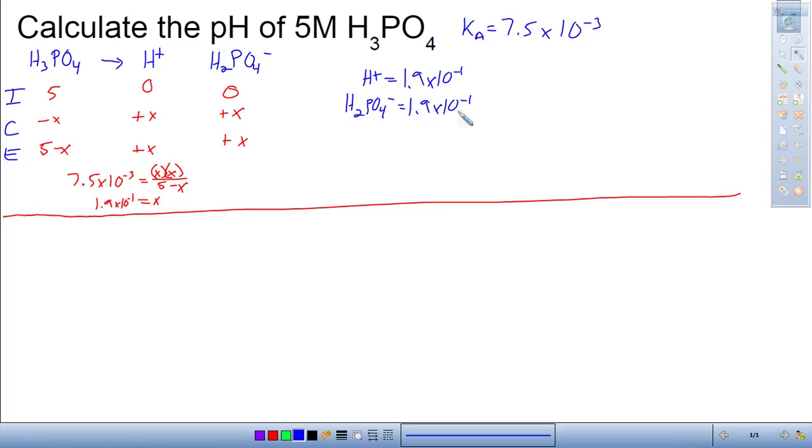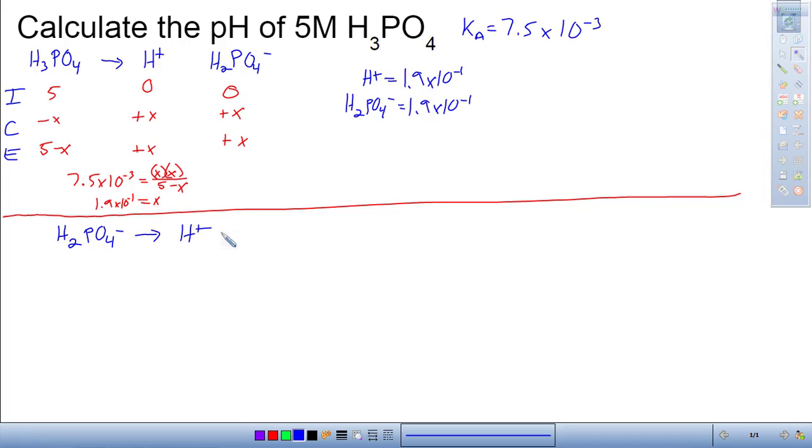Let's take it another step, though. What's going to happen with H2PO4? Well, we can figure if that is going to lose a second hydrogen, and when we have a polyprotic acid, that's kind of what we're talking about. Many hydrogens, many protons lost stepwise in steps.